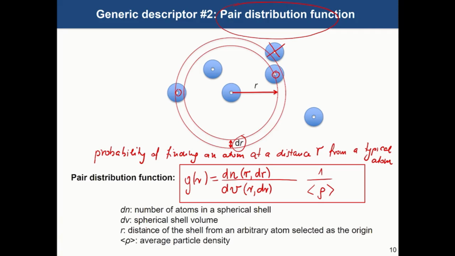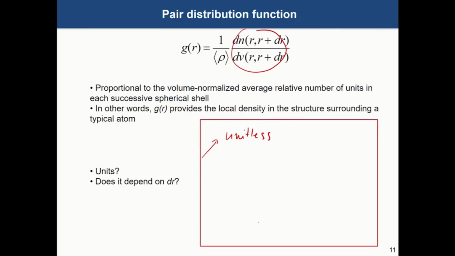And again, let me show you a couple of examples, and hopefully the things will become a little bit even clearer. So just to answer this question, yes, it does depend on how we define the thickness of this shell. And we are typically thinking about this pair distribution function in the limit when the dr and the volume are going to 0, in the limit of 0.